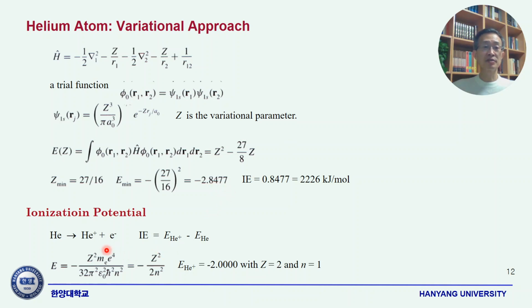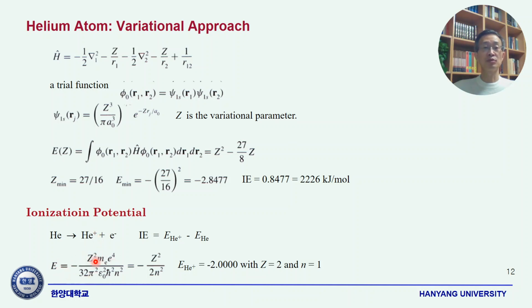In this case, the reference state is, I would say, the ionized state. Helium goes to helium plus ion. This ionized state is a hydrogen-like atom, which means that we can obtain the energy precisely, or analytically.